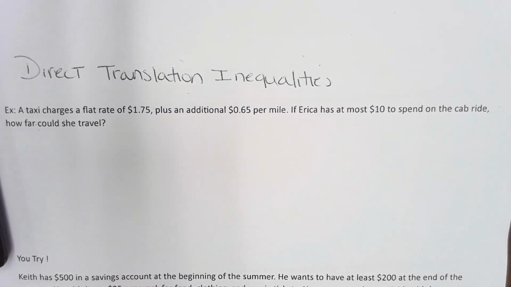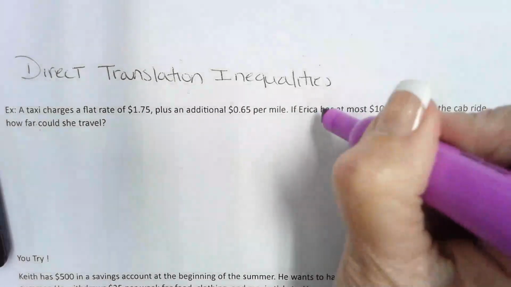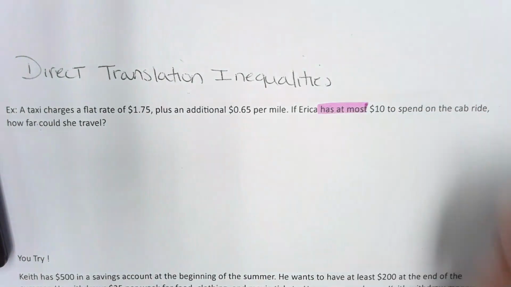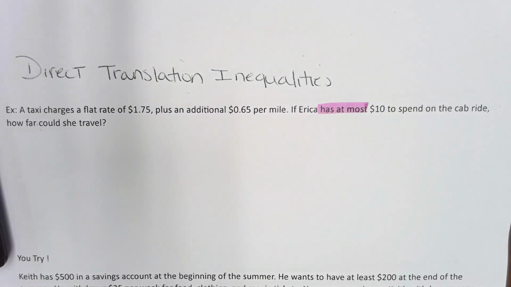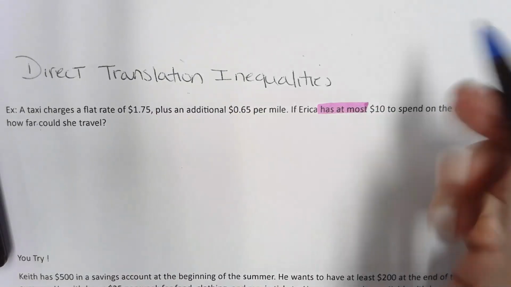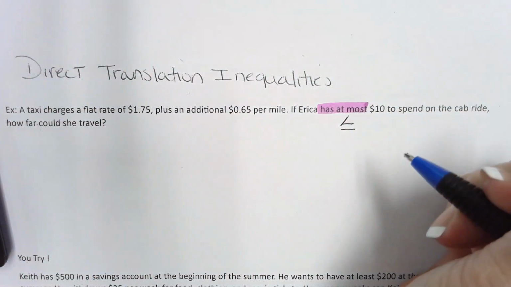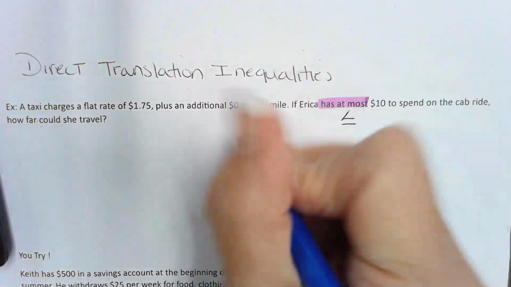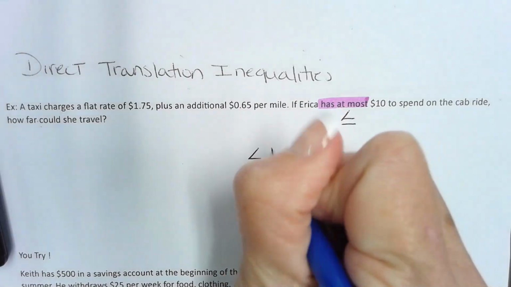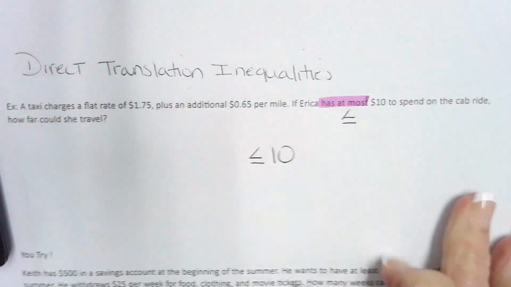What is the phrase that's telling me my inequality? Yep, and I prefer y'all to add the has at most. The reason why is it's kind of like is at most. So that inequality symbol at most is a less than or equal to. So it's going to be less than or equal to a total of $10.